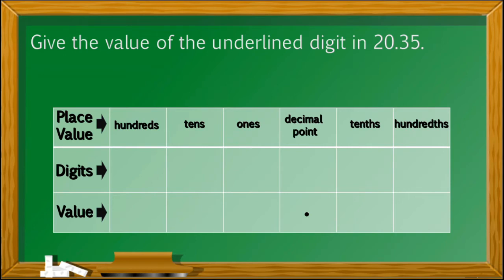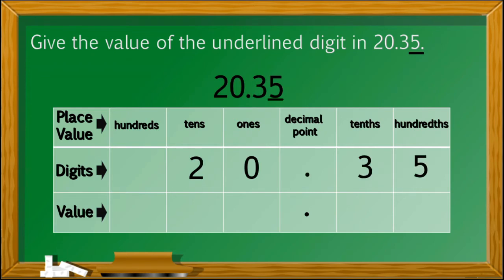Next example, give the value of the underlined digit in 20 and 35 hundredths. So yung 5 ang may underline. Okay, saan yan? So kapag nilagay niyo sa place value chart, ganyan. Then the value of this number, 20.